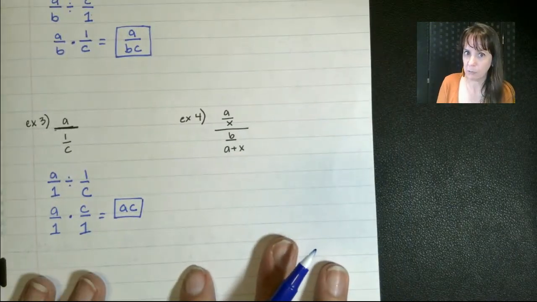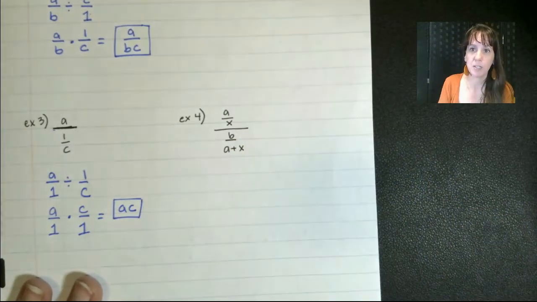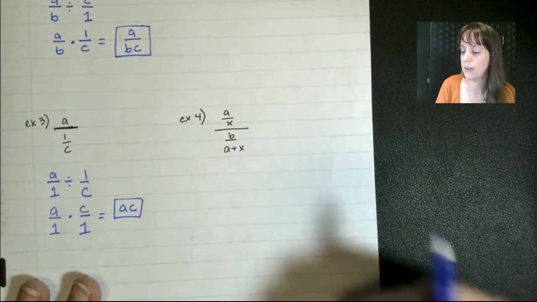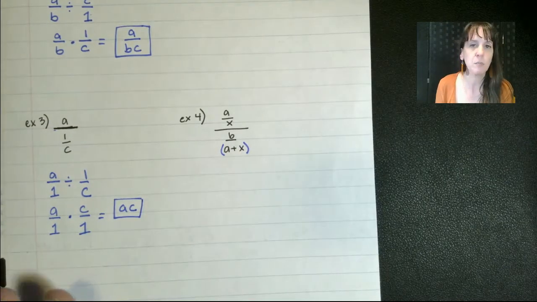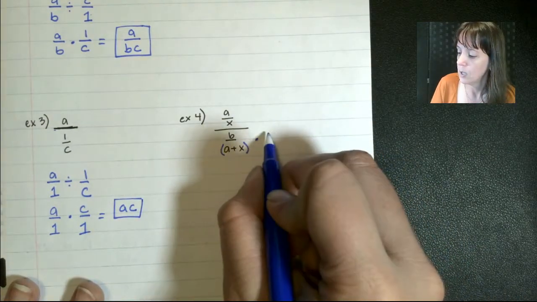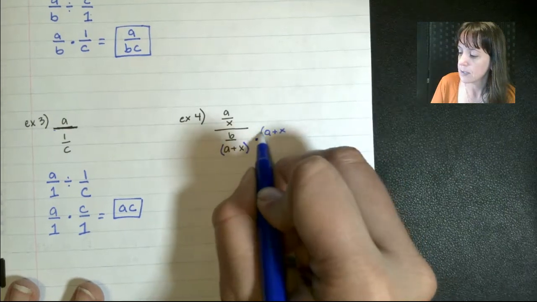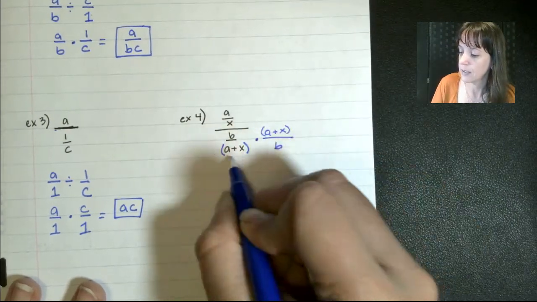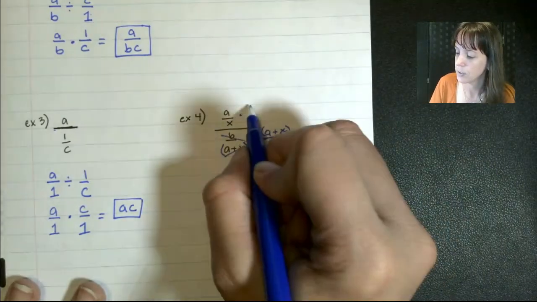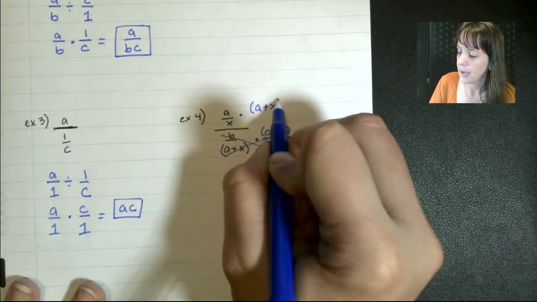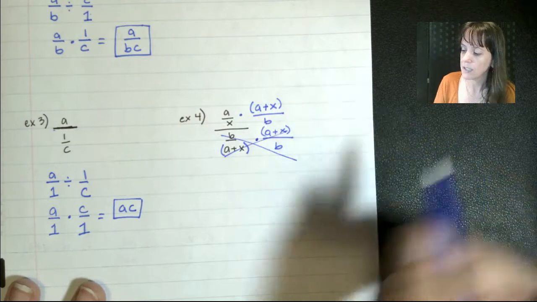Let's look at example 4. Remember, protect your addition and subtraction when you have it in a fraction. Now I'm going to multiply by the reciprocal. So a plus x over b, and those cancel out, but what I do on the denominator, I've got to do upstairs. So a plus x over b. Let's clean this up a little.